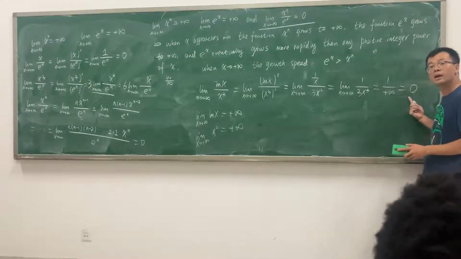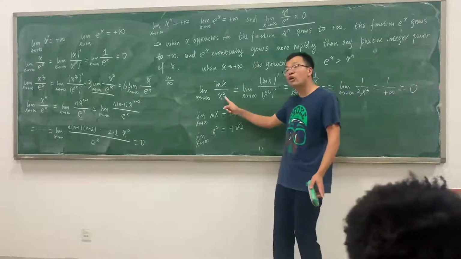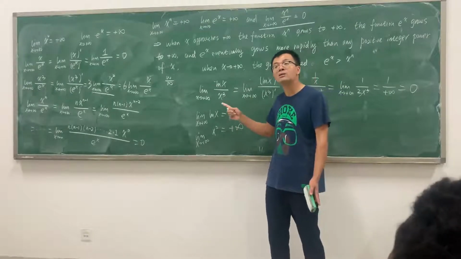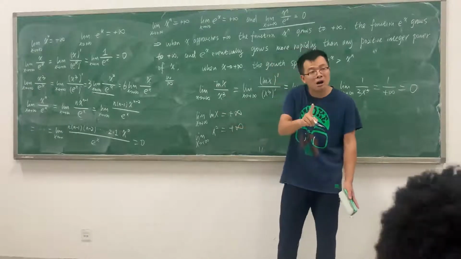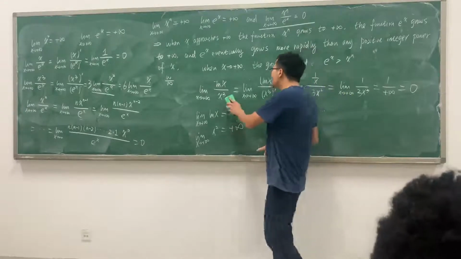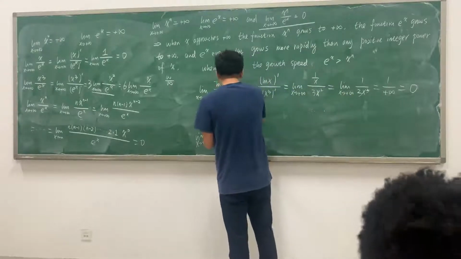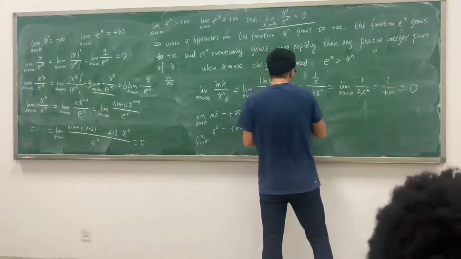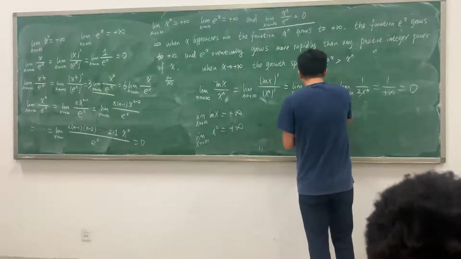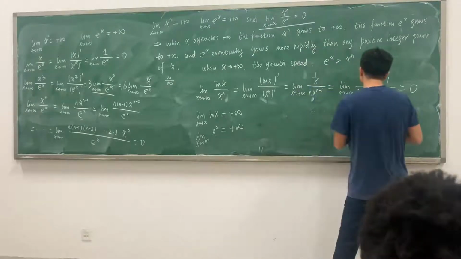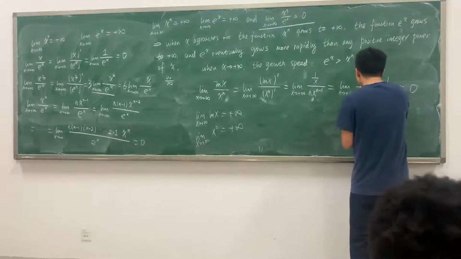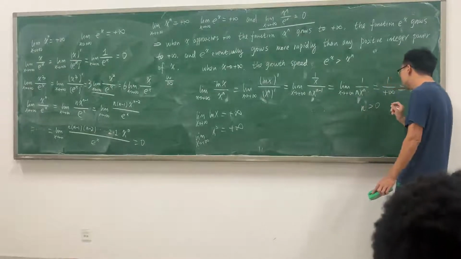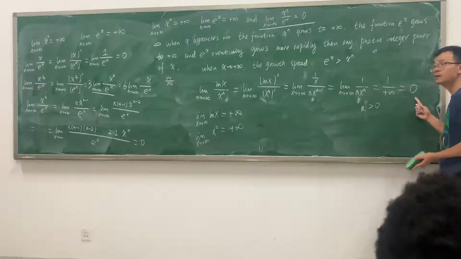If it is the fourth power, the same; the fifth power, the same. If it is the nth power, x to the nth power, the derivative is n x to the n minus 1, so we get 1 over n x to the nth power. Of course, here n is greater than 0, so it is also 0.